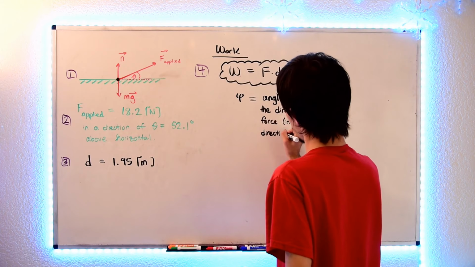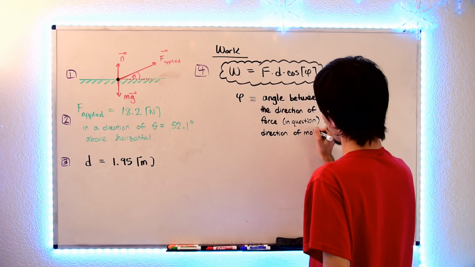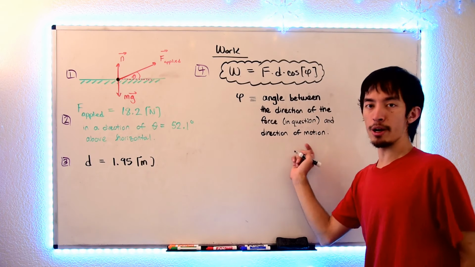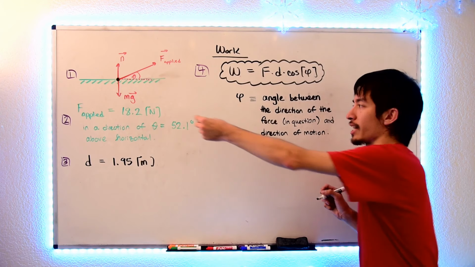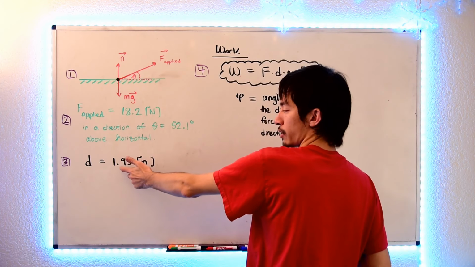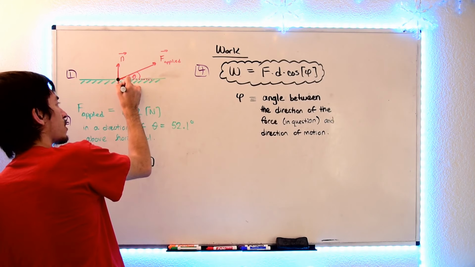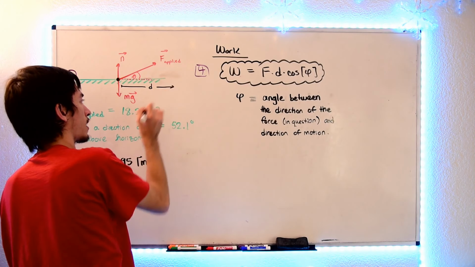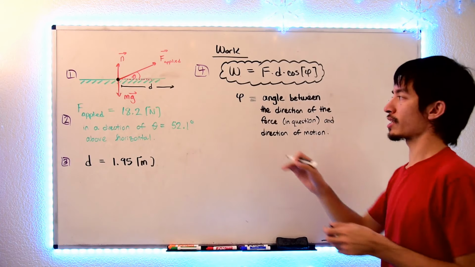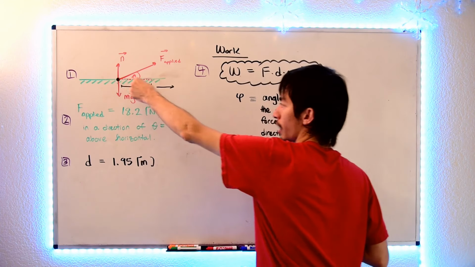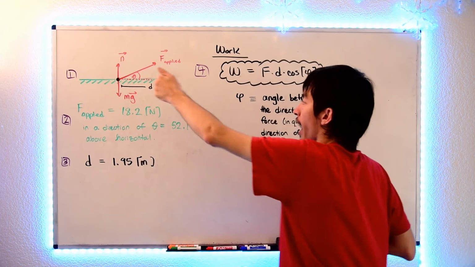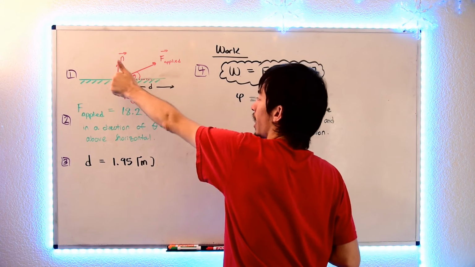And the direction of motion. Okay. The direction of motion would be, for instance, the direction that you end up moving in with this distance of 1.95 meters. So for instance, in this problem, you would move to the right this distance d. Okay. So then you would say, what's the angle between the direction they move, which is to the right, and the direction of the applied force?